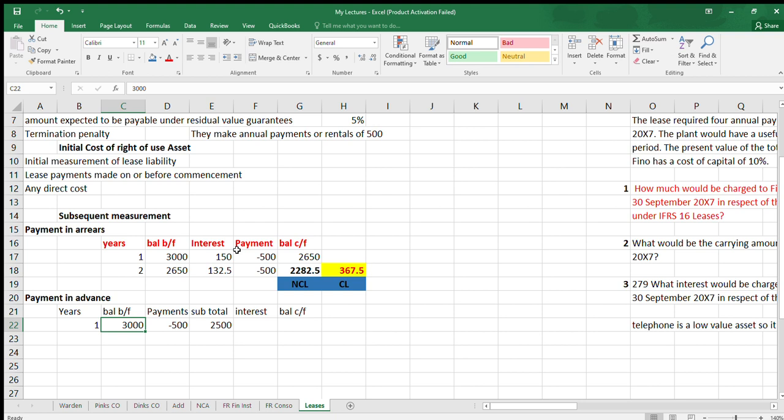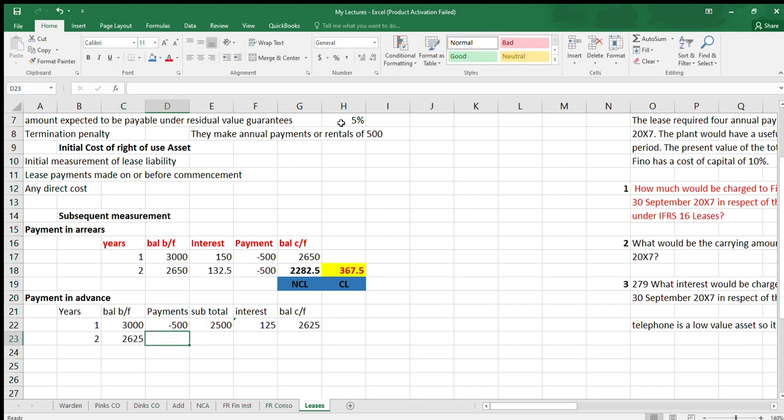But at the beginning of the year, we paid this. So at the end of the year, it is 2,500 that we have outstanding. So then we apply the rate on the outstanding figure, our 5%. Then we add it. So we want to know our current liabilities. Then we do year 2. Year 2 balance brought forward becomes the carry forward of the previous year.